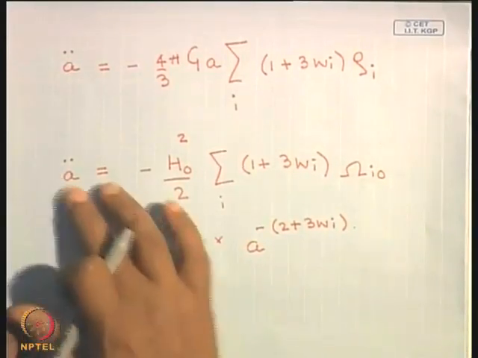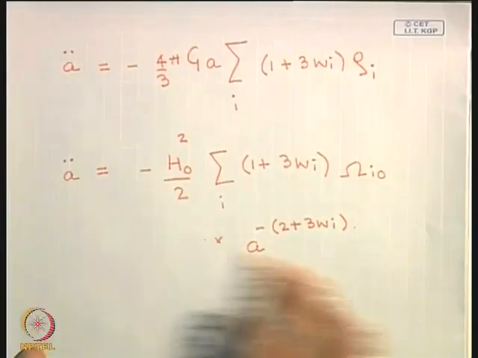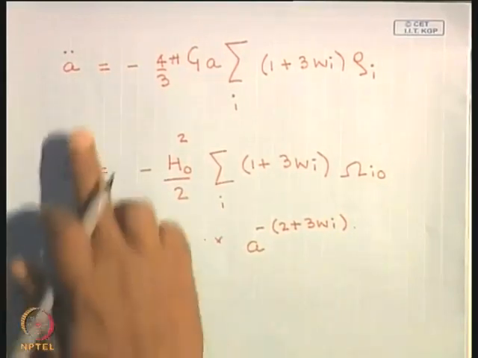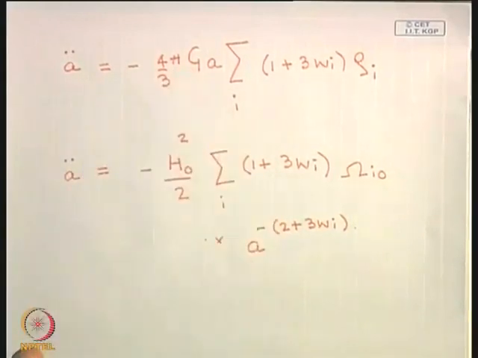Next, we integrated this equation. We multiplied it with A dot and integrated this equation, or equivalently these equations are the same, there is no difference.